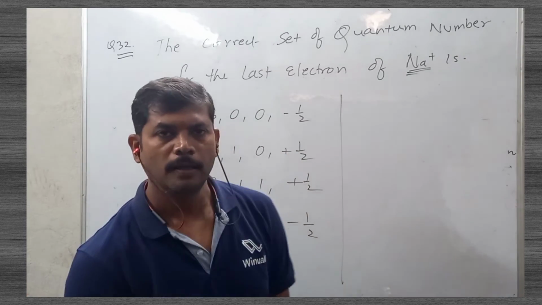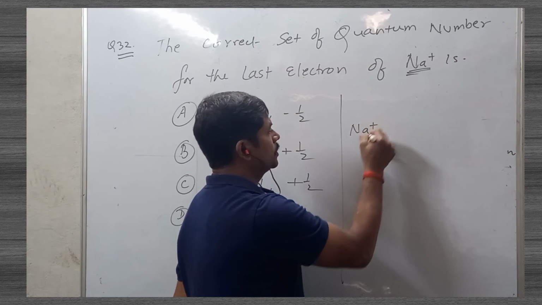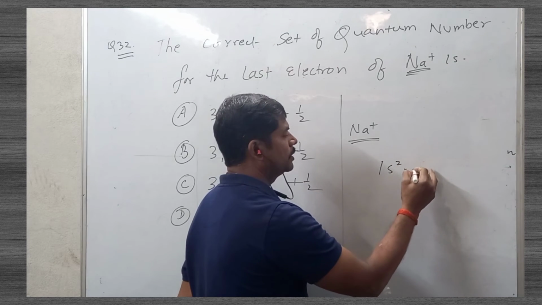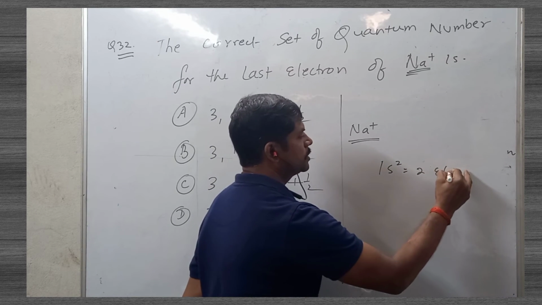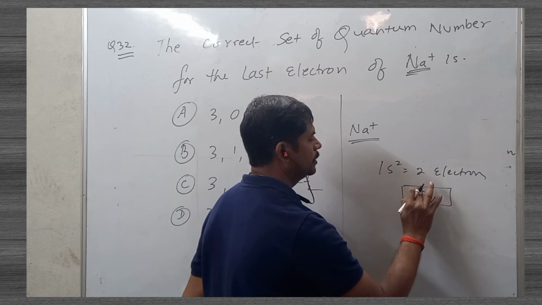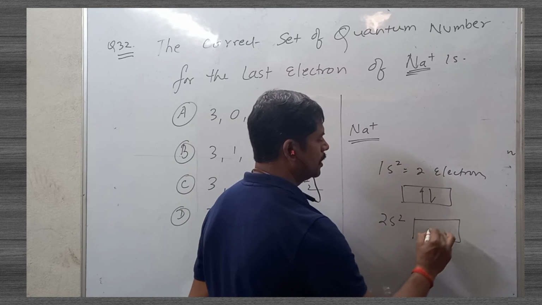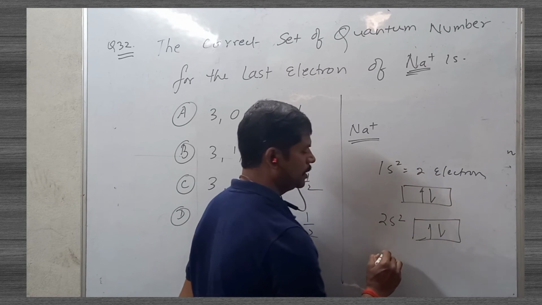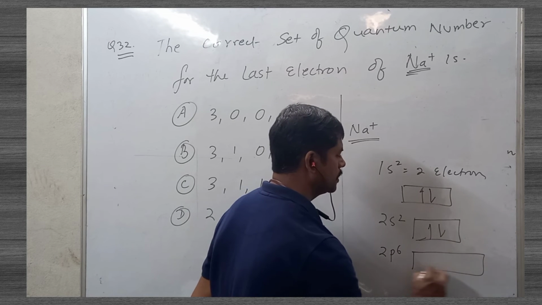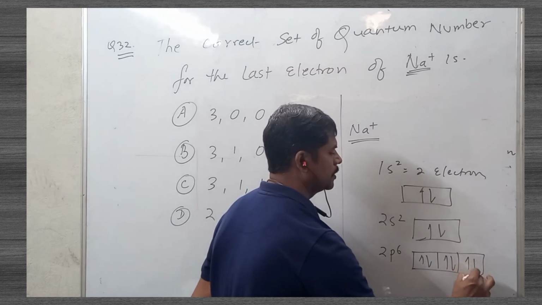Let's start solving. What is the electronic configuration of it? Whenever we talk about sodium, first it goes into 1s2, which means there will be 2 electrons. 2s2 means here also 2, and 2p6, in the sense here 2, 6, right?